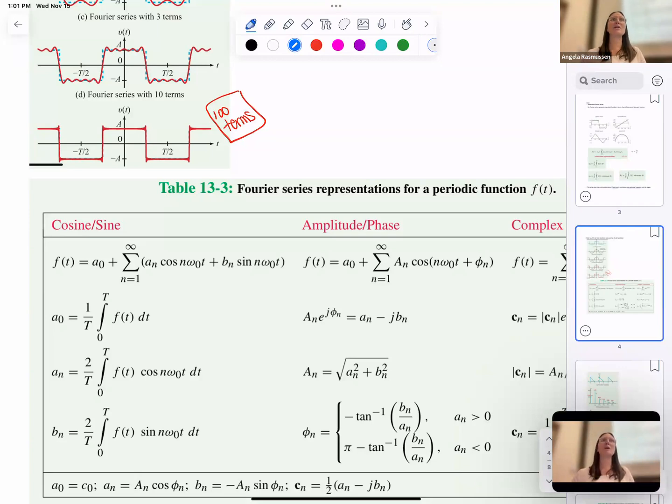Do you remember which math class you saw that in? I'm curious to know. Anybody, you seen it? At the end of our Q class, we started talking about it, but we didn't really dive into it. Okay, so math like 2250, or was that 31? Oh, that was even in 3150. Okay, so a lot of you may not even be there yet. Okay, so this may be your first introduction to what this Fourier series is.